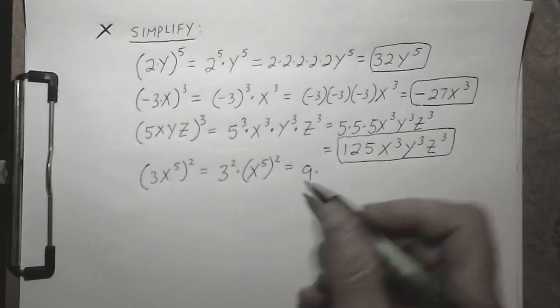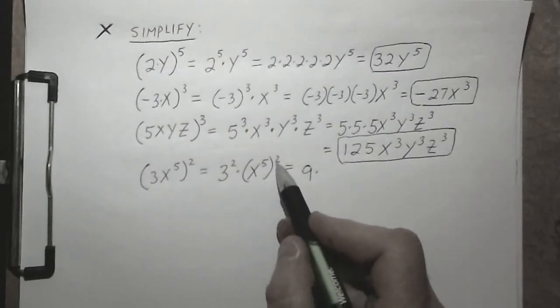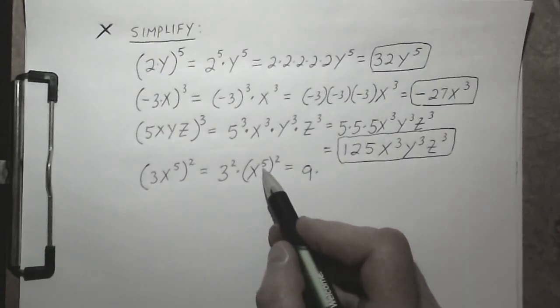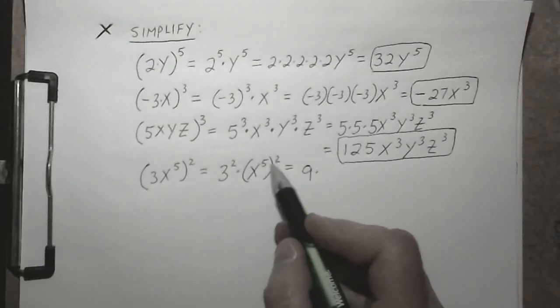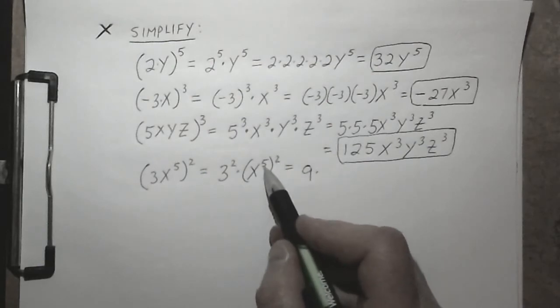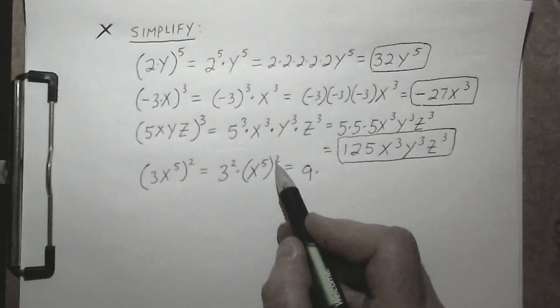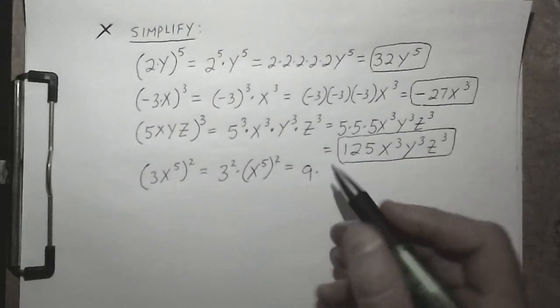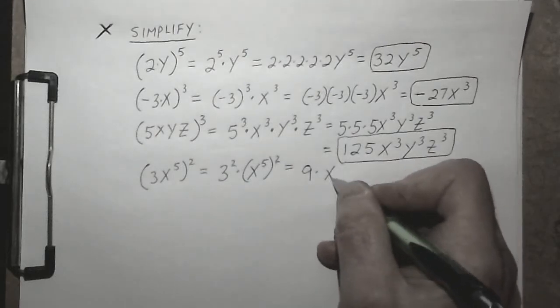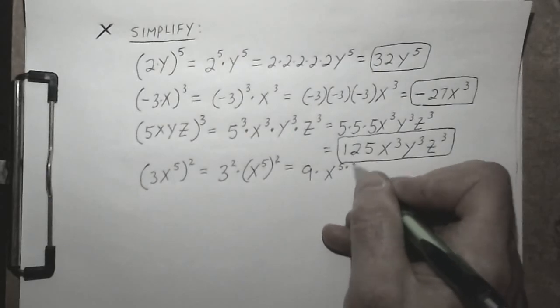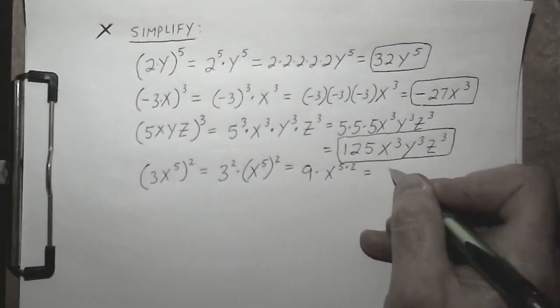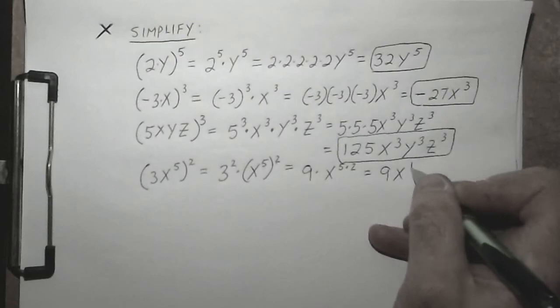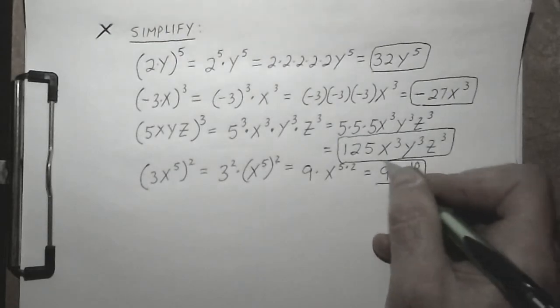And ladies and gentlemen, when we raise a power to a power, we multiply the exponents. You don't add the exponents, you multiply the exponents. So we'll have x to the 5 times 2 power. So the final answer here is going to be 9x to the 10th power, and we are done with that problem there.